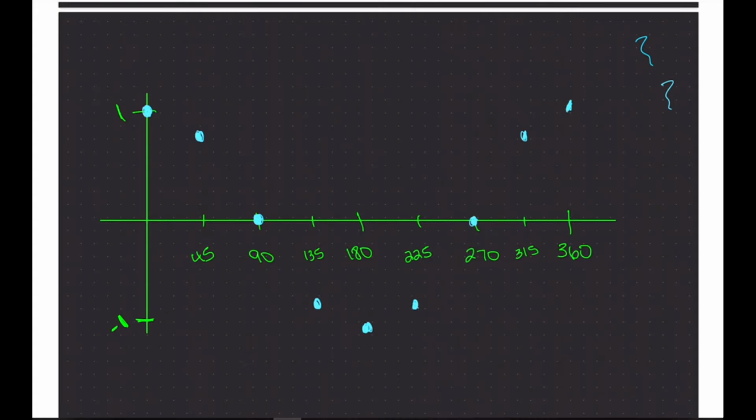So if we were to connect these, nice and easy, we know we got that wave. It's going to come down, and then it's going to come back up. And we know this is going to keep going, so we could put a little arrow on that end. And we know we could go backwards on our circle, go negatives, so we could put our little arrows on that side.